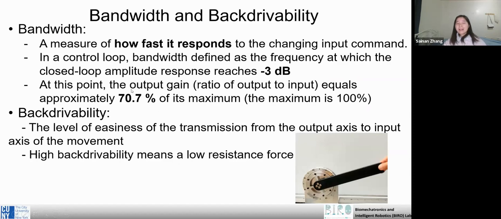If you don't understand what these two numbers mean, it's okay. Just remember -3 dB and 70.7%. We will use them in the simulation part. For your project, everything revolves around two metrics, bandwidth and backdrivability.